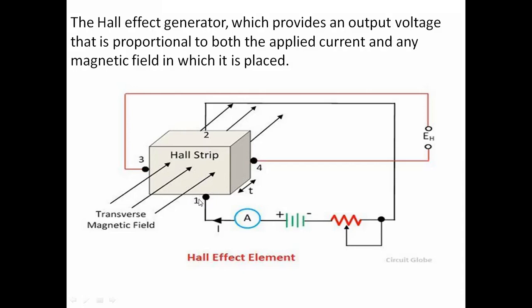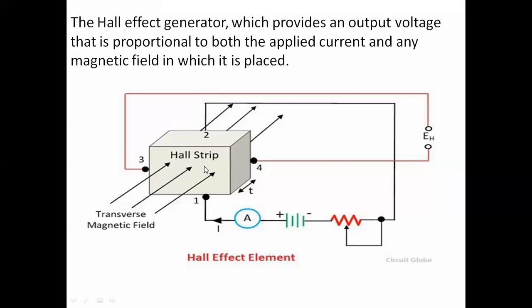From points 1 and 2, we will apply the current through this strip. We apply some external current that should flow through this Hall strip, and we also apply the magnetic field which should pass through this strip, and then an EMF, a voltage, will be generated at the other side of the strip.